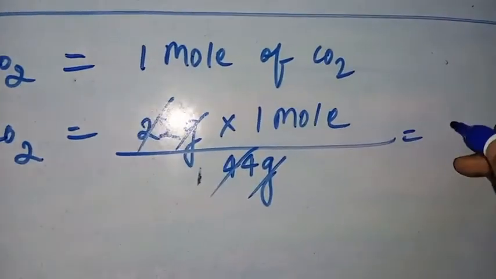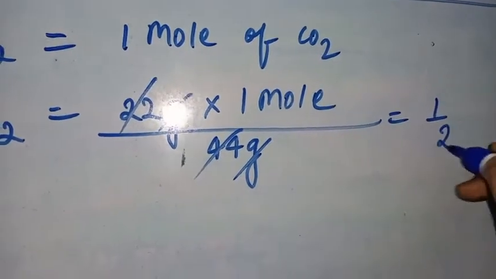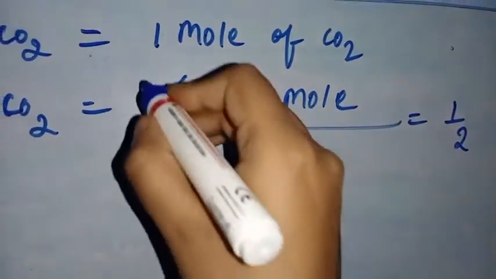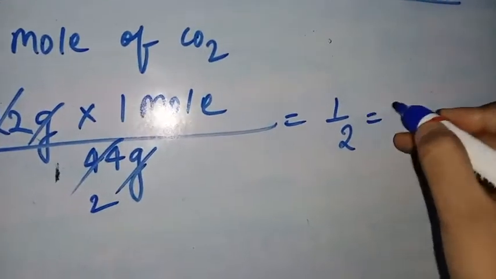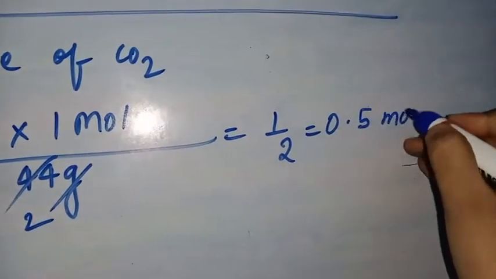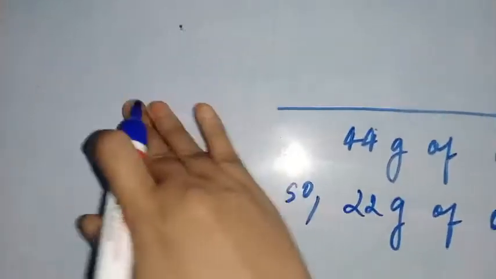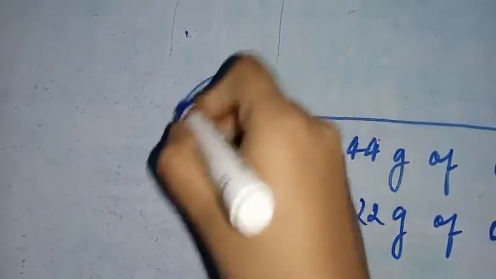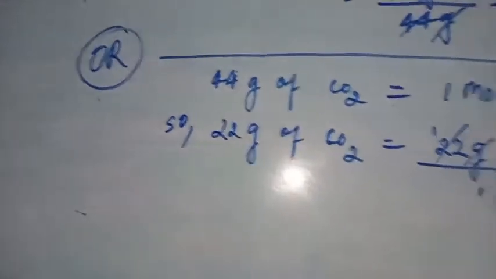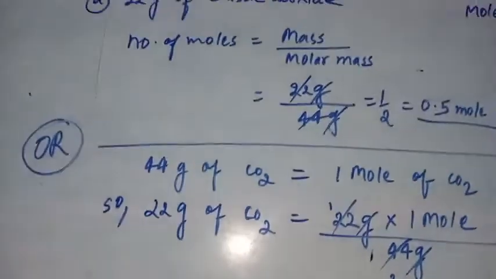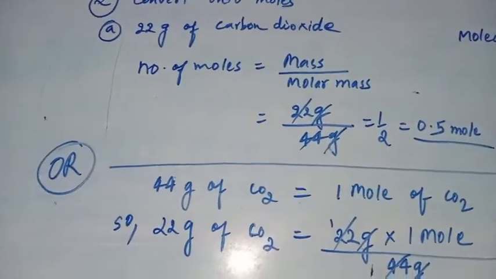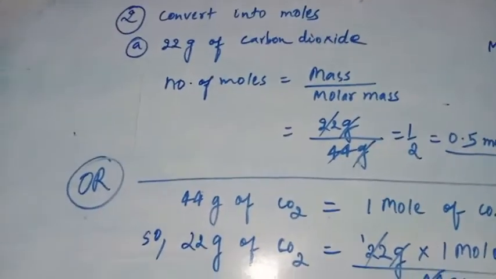We will get 1 by 2, that is equal to 0.5 mole. This is the other method, so I can just write here, or. So there are two methods you can use, either of them, to calculate number of moles.